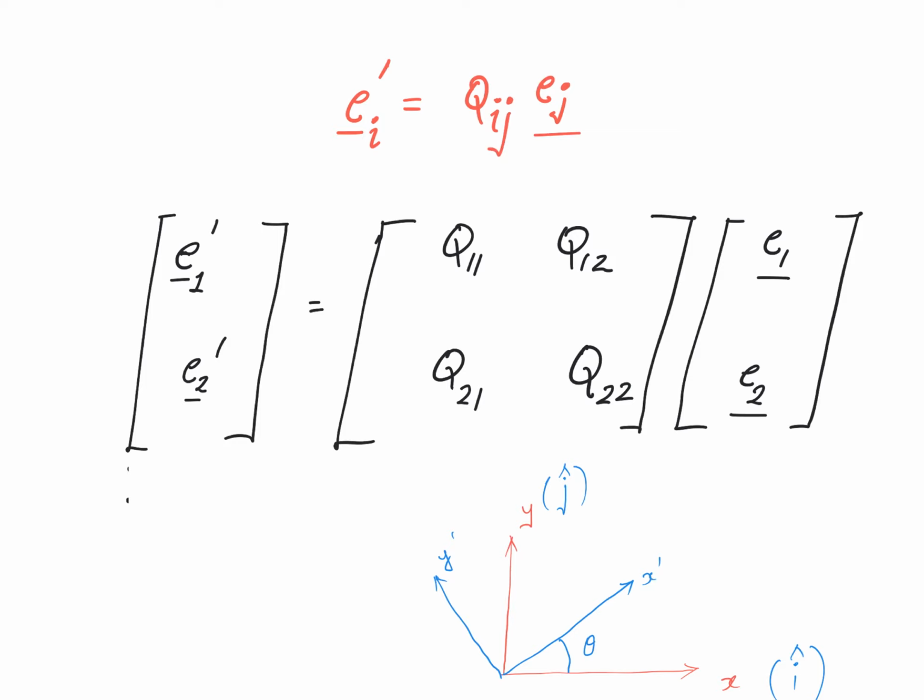It's very simple. I'm telling you the new coordinate system unit vectors can be written as a matrix times the old set of unit vectors. So this is pointing along the x direction, this is pointing along the y direction, this is pointing along the x prime direction, and this is the vector which points along the y prime direction. And this is a concise form of writing it using index notation.